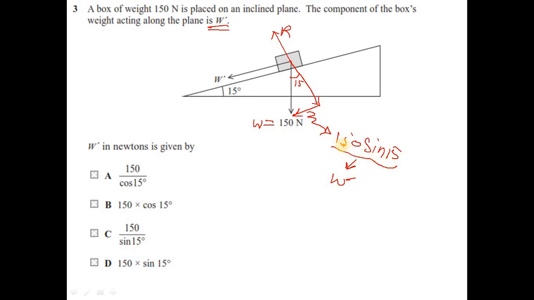This is the component of the weight along the plane. You see, this is parallel to the plane, which is W dash. So your W dash value would be 150 sine 15. Option is D.